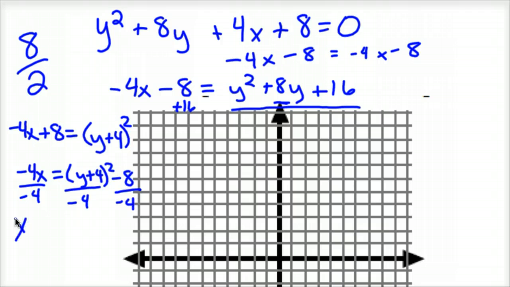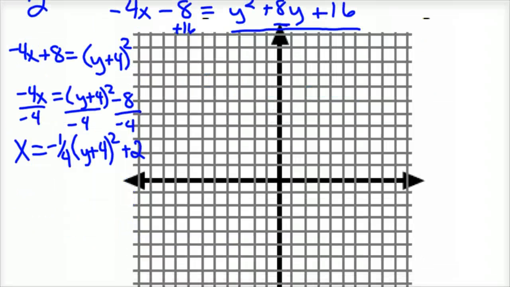And what you'd have is x equals, I always bring this out front, so that's my a term, negative 1/4 times y plus 4 squared, plus 2. And so notice this is the other form where I solve for x. So my h, k is going to be slightly different. In this case, it's going to be 2, negative 4.